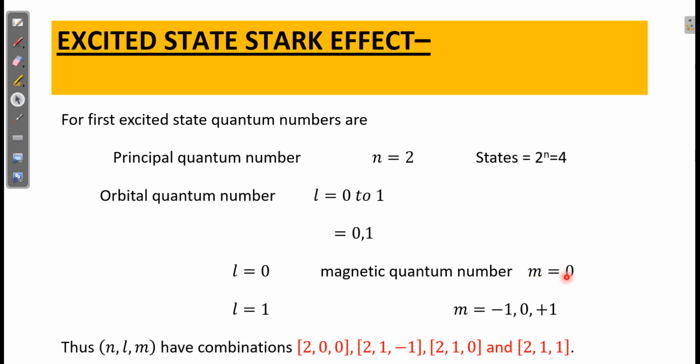For l equal to 1, the magnetic quantum number m is minus 1, 0, plus 1. In this way, there will be 4 combinations of n, l, m: 200, 21 minus 1, 210, 211.